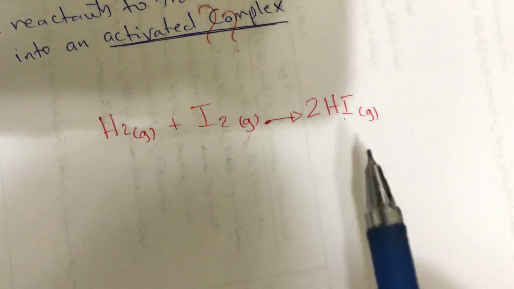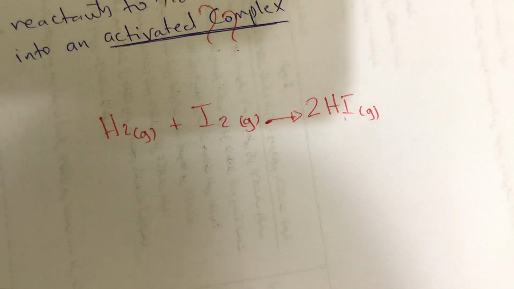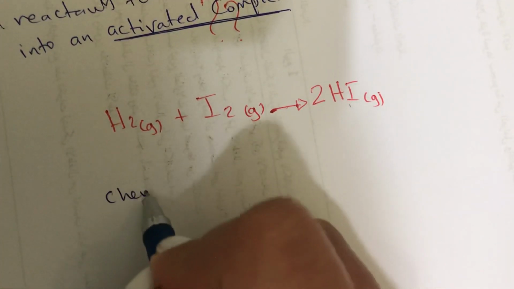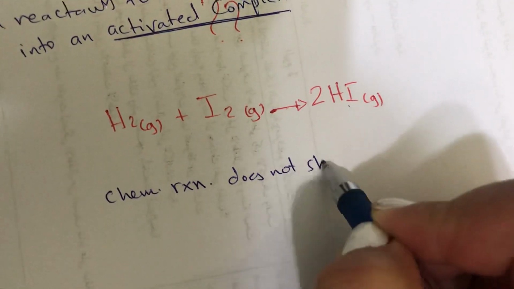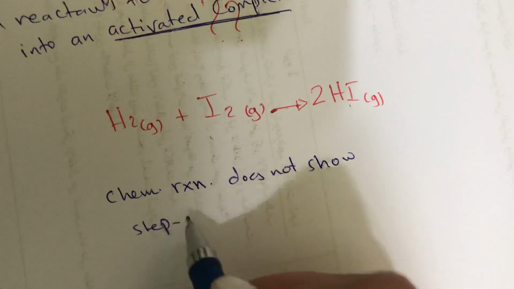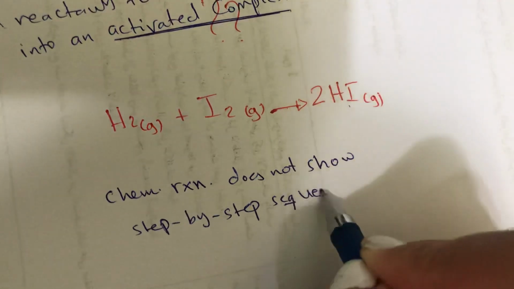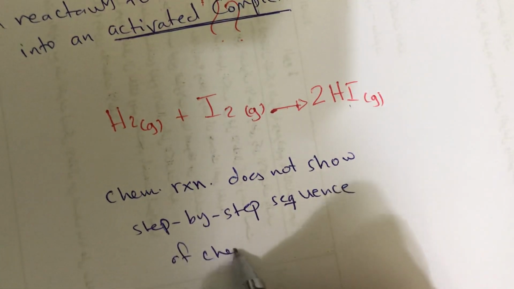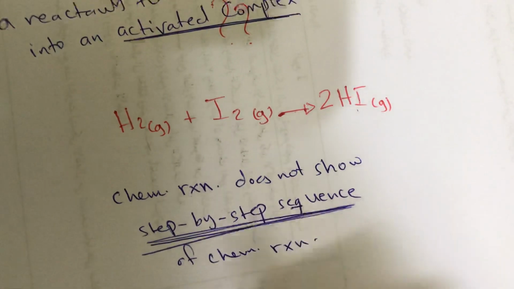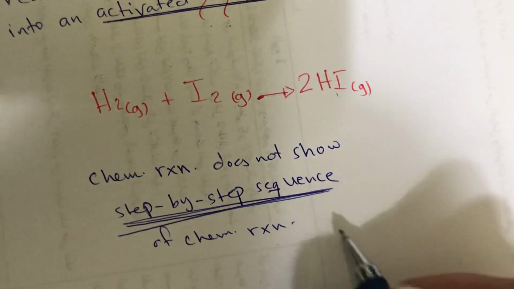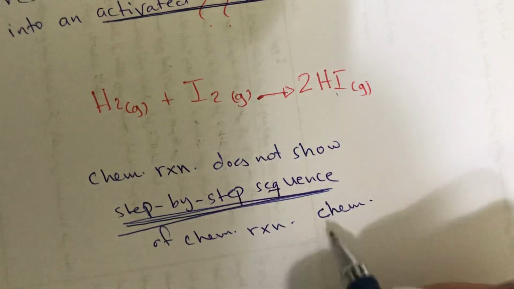They do not show the step-by-step sequence of the reaction. This step-by-step sequence of chemical reactions is called the chemical mechanism.